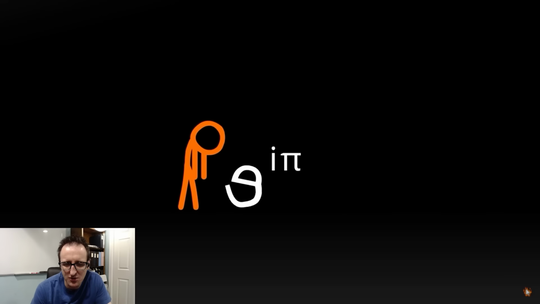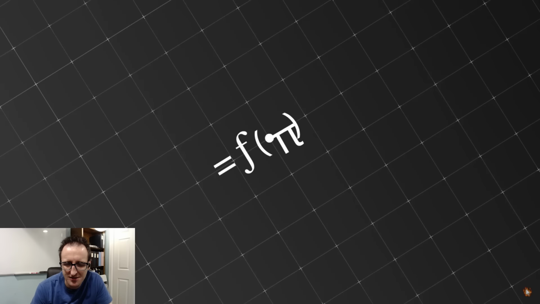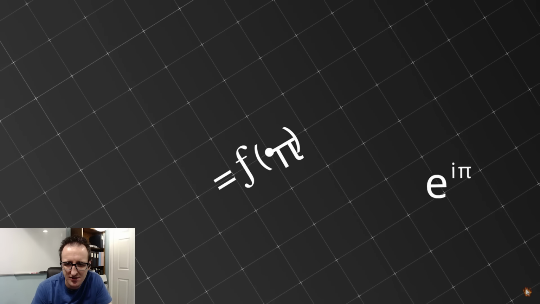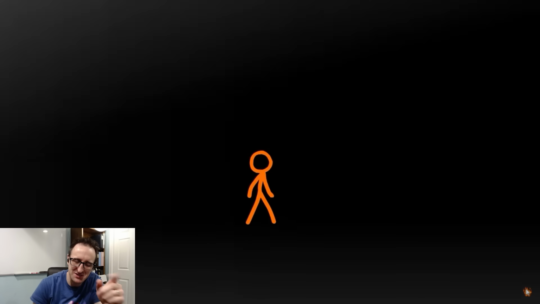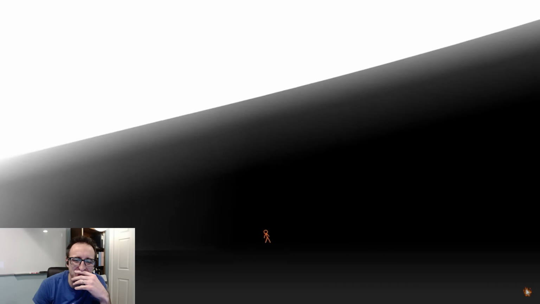So i to the fourth is 1, so it just pops him back where he is. Even the i pi halves, so he goes up vertically. That's great. It's like an elevator.